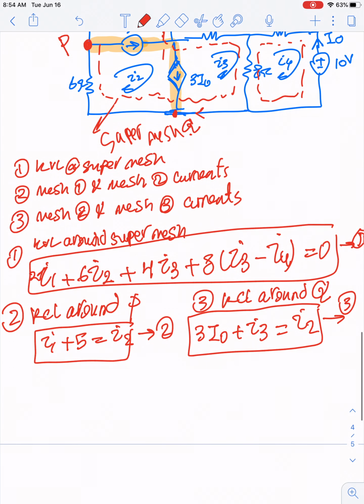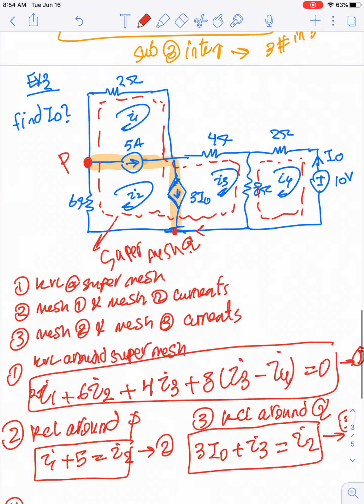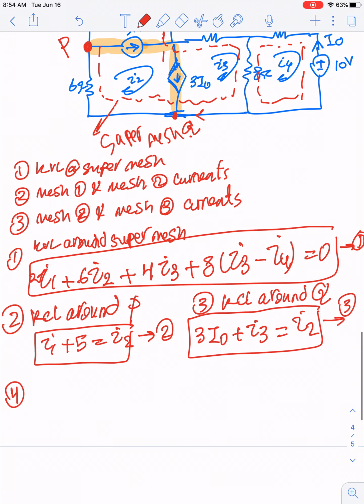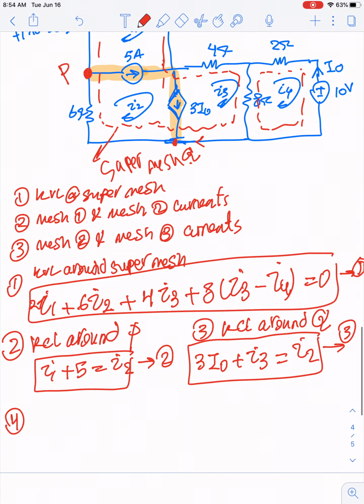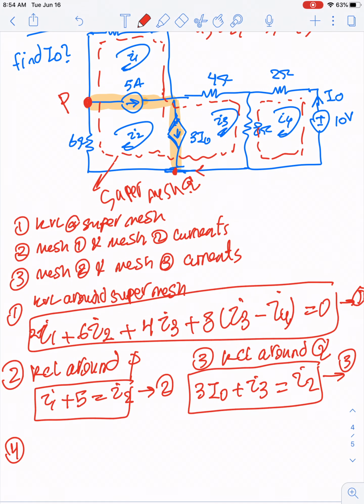Okay, so we need to find equation 4, because how many unknowns do we have? We have I1, I2, I3, I4, and IO. So we have 5 unknowns, so we need to find 5 equations. For the fourth step, the only mesh that we did not do KVL around is mesh 4, so we have to do KVL around mesh 4.